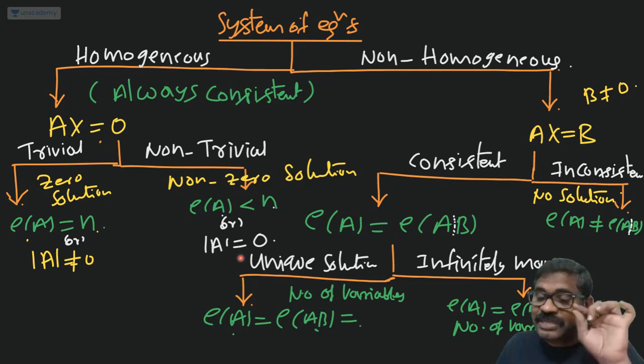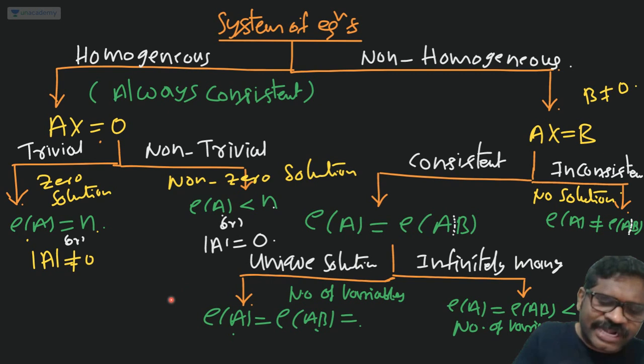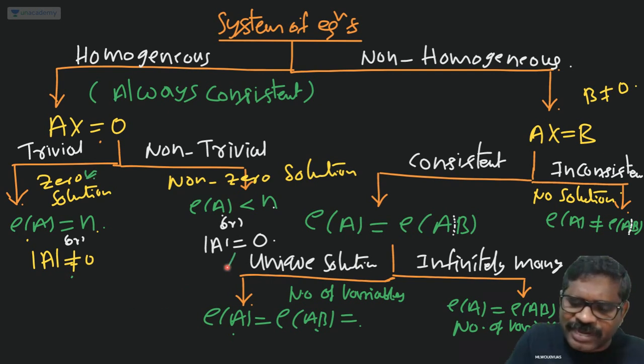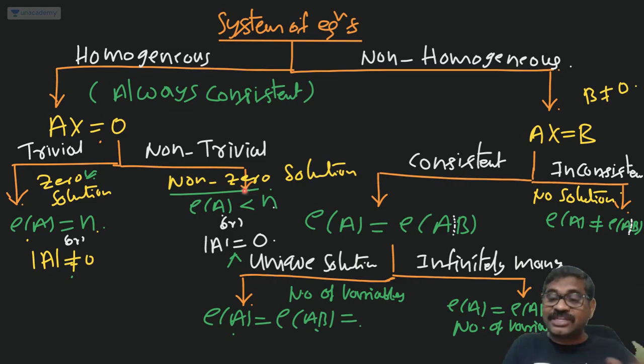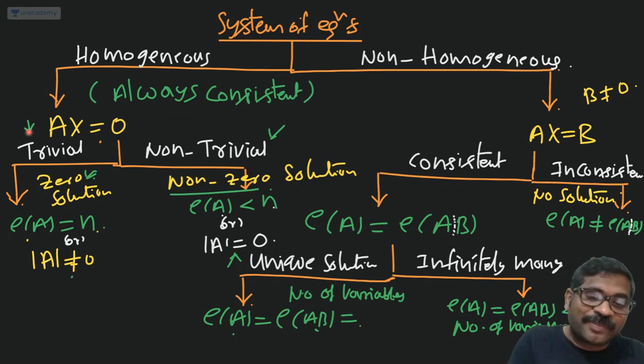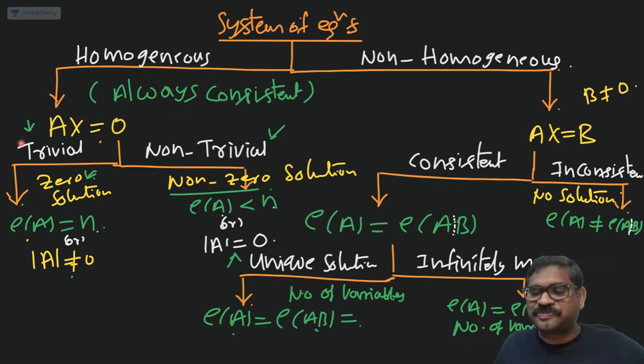Reverse, please remember: determinant non-zero, then zero solution; determinant 0, then non-zero solution. Understand? Simply, if the set of vectors is dependent, then non-trivial solution; if independent, then trivial solution.